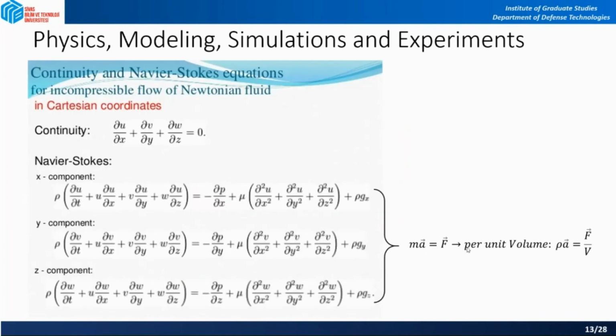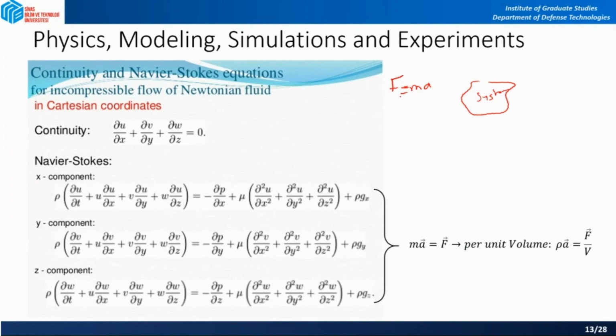So if you use this, you can apply what you had, F equals ma, to a fluid system. It is a system of fluid. And when you apply this, you get nothing but the momentum equations, or Navier-Stokes equations.